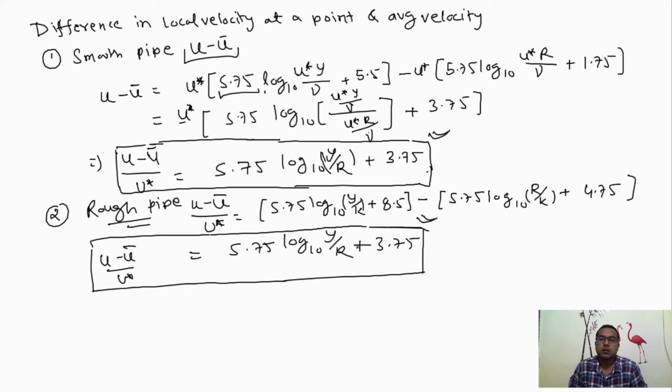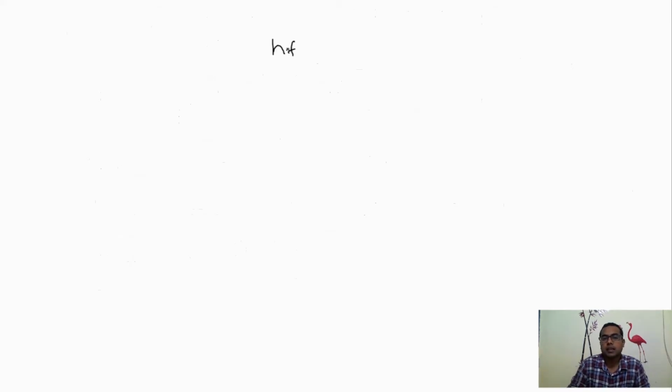Now let's see some important points in turbulent flow. As we know, hf, what is hf? That is head loss. This is not related to the velocity distribution, but it is an important topic. Let's see it. Suppose hf is your frictional head loss in pipe flow. Then for laminar and for turbulent flow, we have different expressions. For laminar, we have the Hagen-Poiseuille equation.